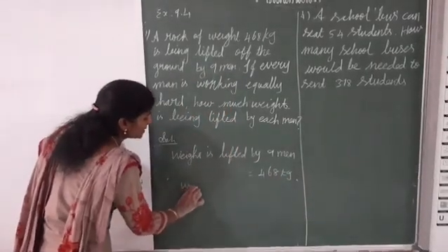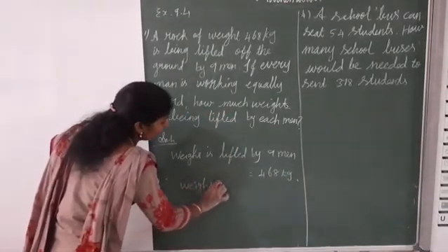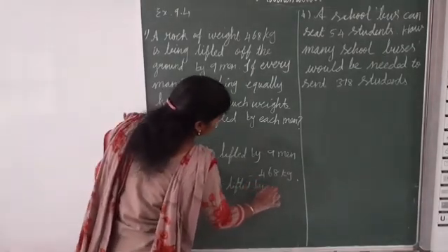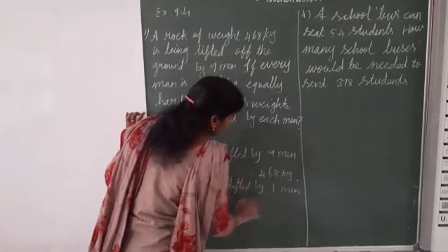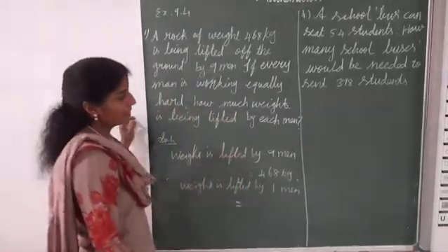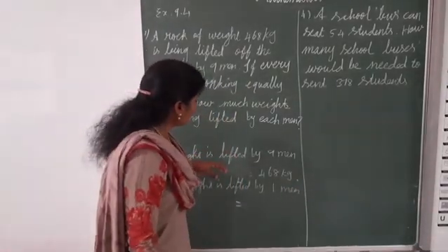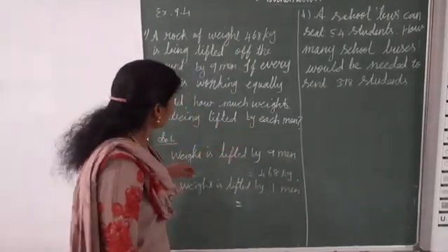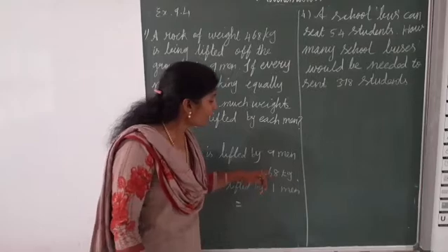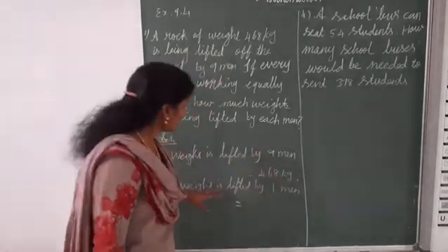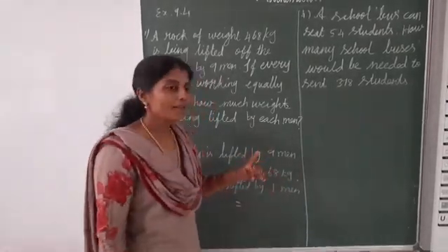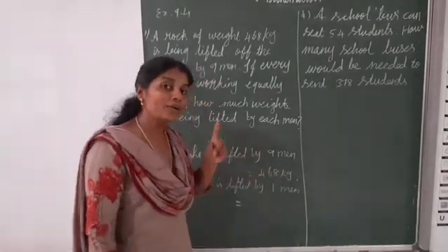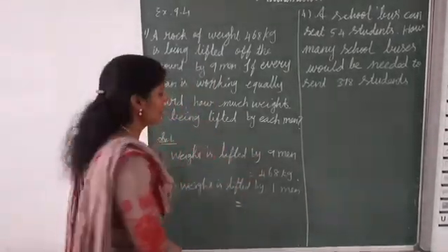Therefore, weight lifted by 1 man is equal to what? We want to find the weight lifted by each man. Weight lifted by 9 men is 468 kg. Therefore, weight lifted by 1 man. We can divide, isn't it? They have given more. We want to find less. That means division, isn't it?